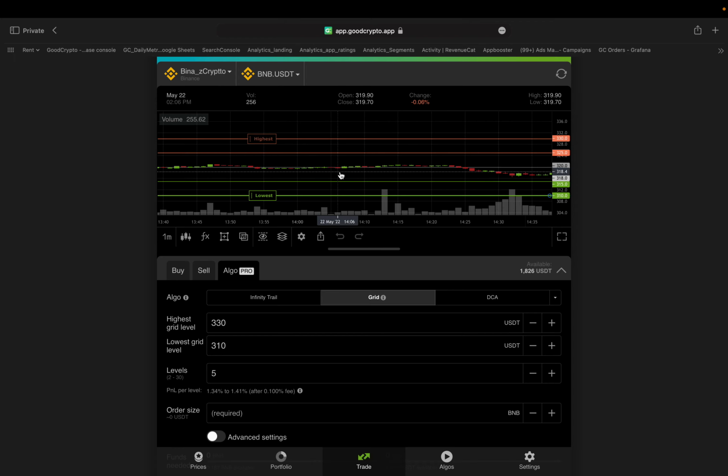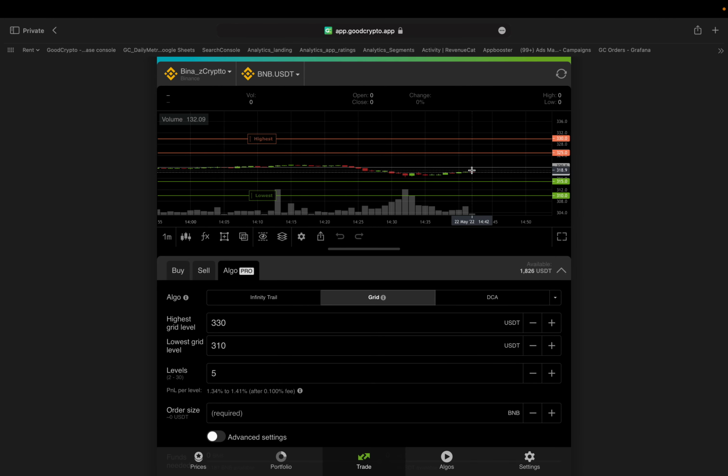So let me dive into this a bit further. As you can see now, in those grid boundaries we've chosen, or rather, it was the default setting, 5 grid levels, meaning, if you've seen the grid basics, that one level will always stay idle, and we'll have 4 orders active at any moment inside the grid. That also means for the grid to trade here, the price should go from here up to here, and then come back to this.